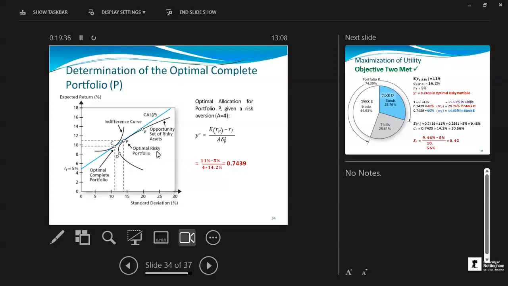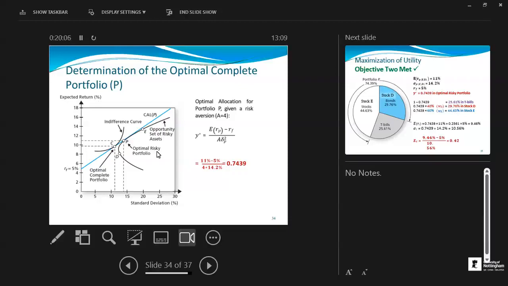So in this example, the example that we worked with, if we use the same numbers and calculate the amount of investment we are going to make in the risky portfolio, assuming a risk aversion equal to 4, we're going to invest 74.39% in the risky portfolio and the remaining amount in the risk-free asset.